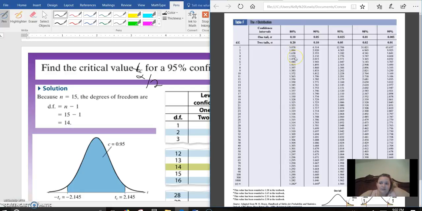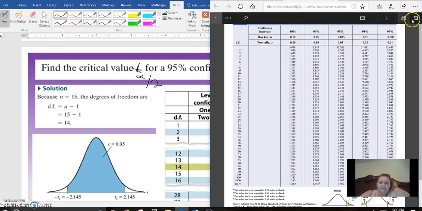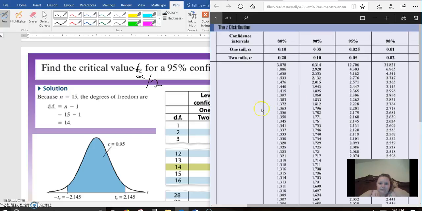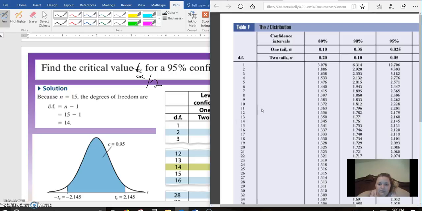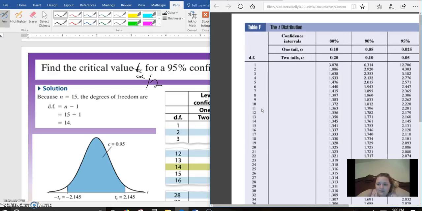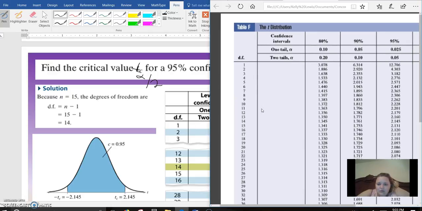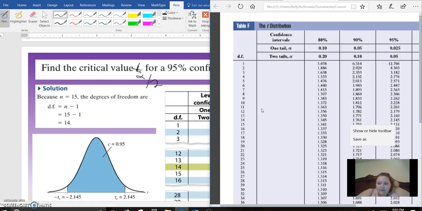Here's your T chart. Okay, 95% confident, and there were 15 of them. And so you need to do 14 right there, and then 95% confident. So this, 2.145. And so I'm looking up here, confidence intervals.